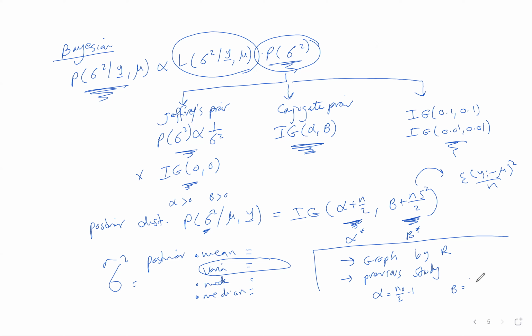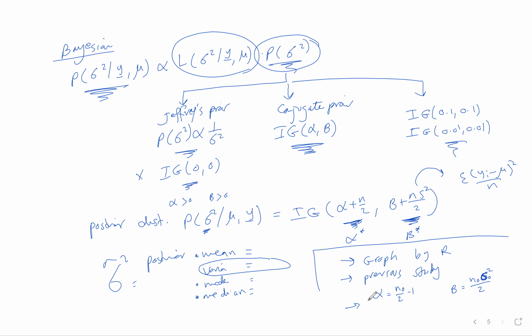And beta is the sample size of the previous study times the variance of the previous study divided by 2. You can call it S square or sigma 0 square, the variability of the previous data. This is how to find alpha and beta for the prior distribution. Or you can graph many inverse gamma functions and see which one matches your belief, and so on. Or you can graph the 95% credible set for many of them and see which one matches your belief.